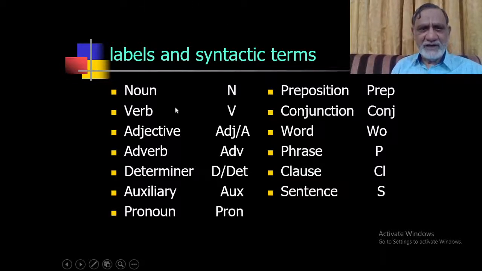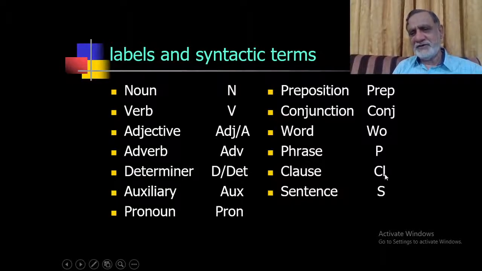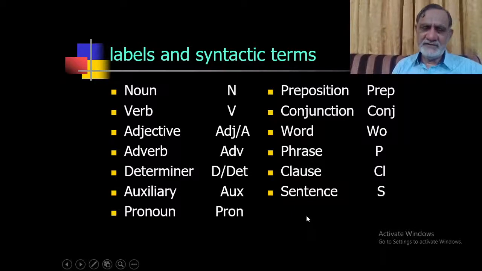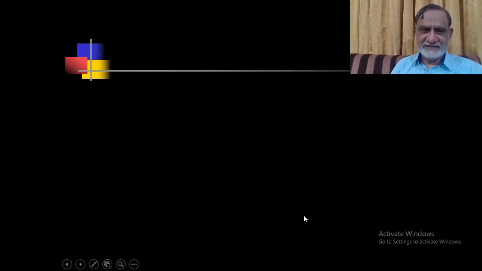Wherever you find N, it means noun, V, verb, adjectives, adverb, D that is determiner, auxiliary verbs, pronoun, preposition, conjunction, word, phrase. Wherever you find P, it is phrase, and wherever you find CL, it is clause, and S, as I have already mentioned, means sentence.